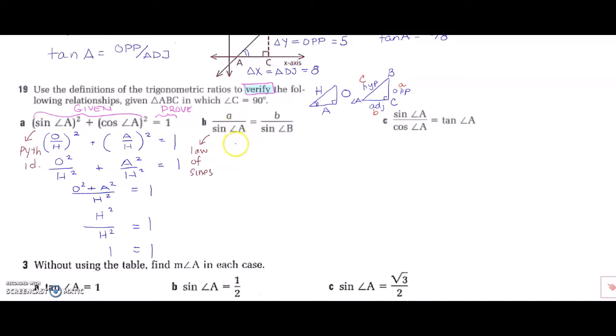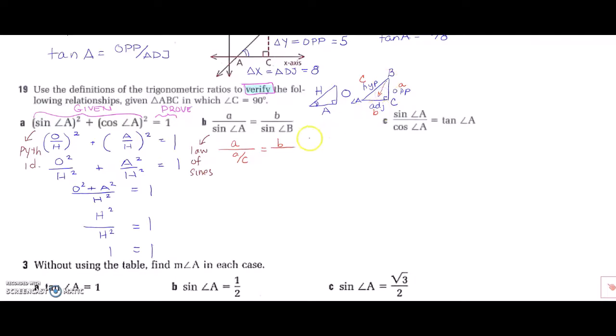So then I have A divided by, remember, sine is opposite over the hypotenuse. So opposite from angle A is A, and the hypotenuse is C. And then B divided by the sine of B. So now I'm switching angles.